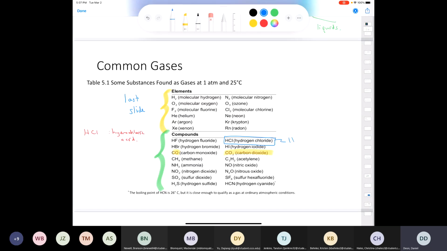Hydrogen chloride is HCl in the gaseous phase. Hydrochloric acid is what you make when you take gaseous hydrogen chloride and you bubble it through water. Okay? So when you have hydrofluoric acid or hydrobromic acid or hydroiodic acid, those are aqueous solutions of gas in water. Whereas hydrogen iodide, hydrogen fluoride, hydrogen bromide, these are all gases at room temperature.